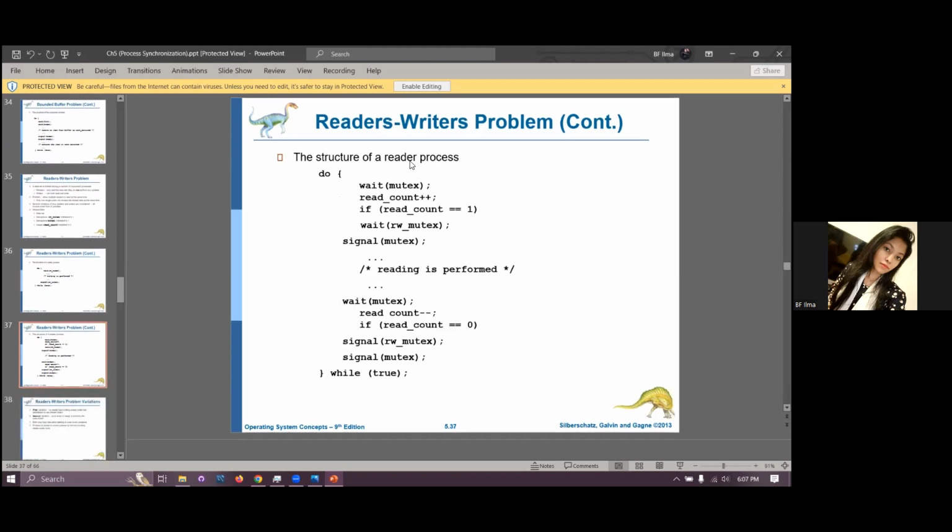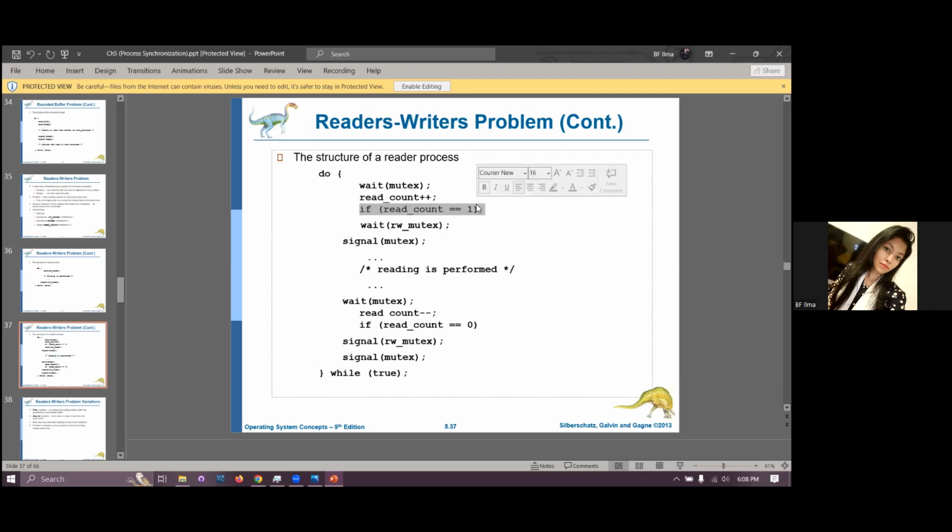When we consider the reader process, it's kind of complex, but not so much. The first thing it does is use the mutex semaphore to perform some updates. So it waits on mutex first and then increases the read count because it's a reader process. Initially it was 0 and now it will be 1.